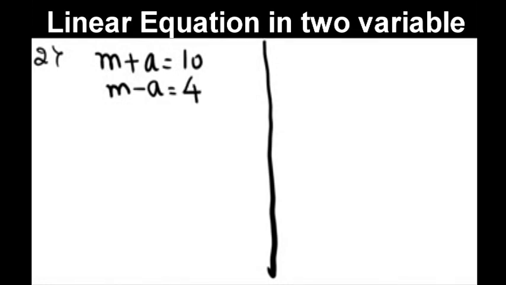Look at these variables. Here all the coefficients are 1. If there is no number, it means it is 1. So no problem, we can eliminate either m or a because the coefficients are the same. Which one you eliminate is also left to you. You decide.